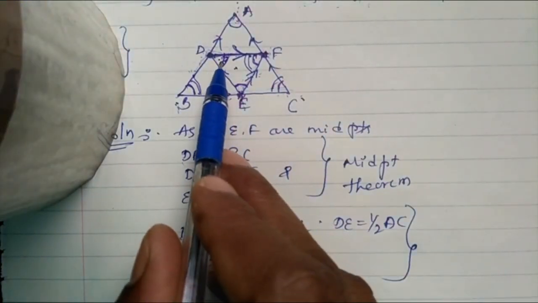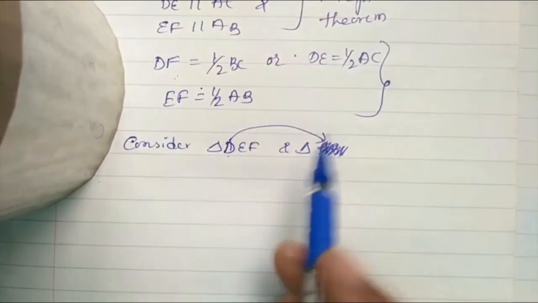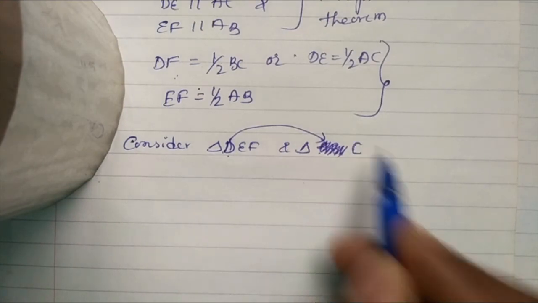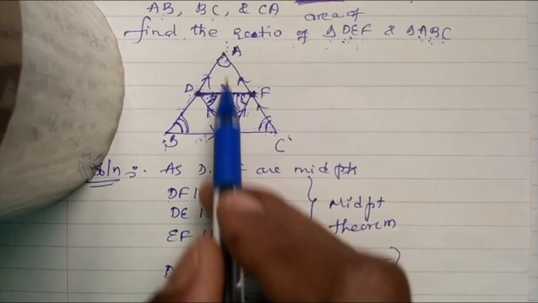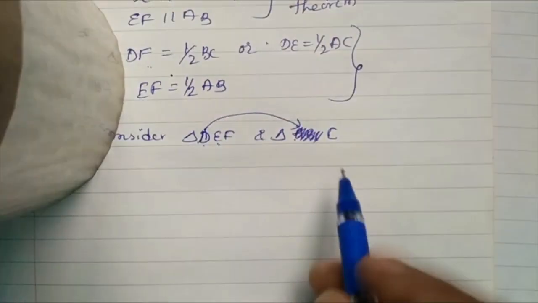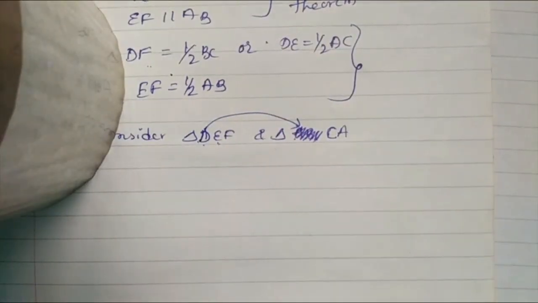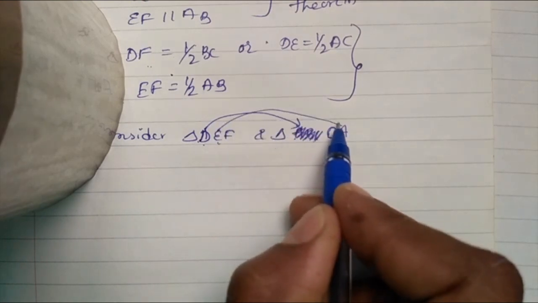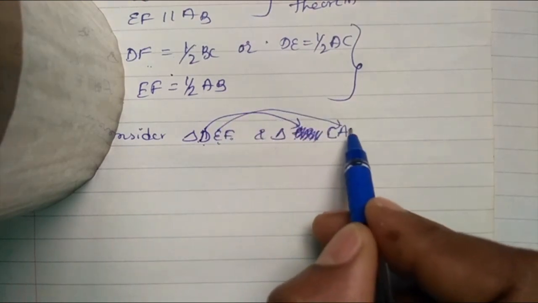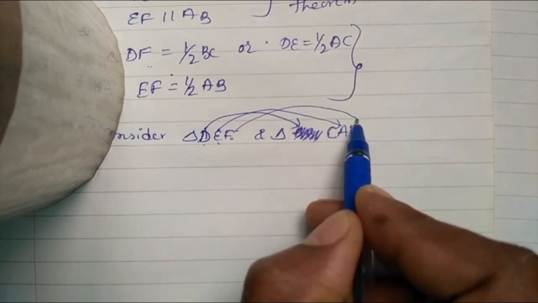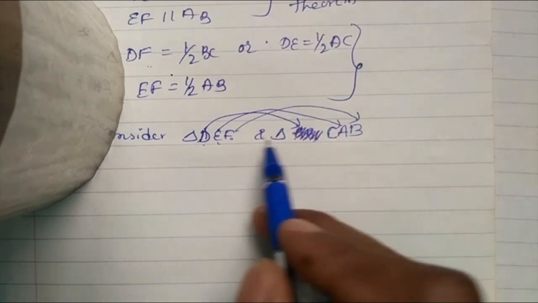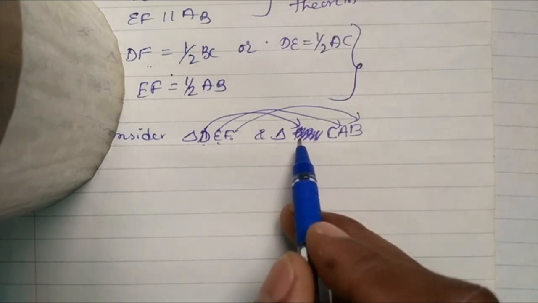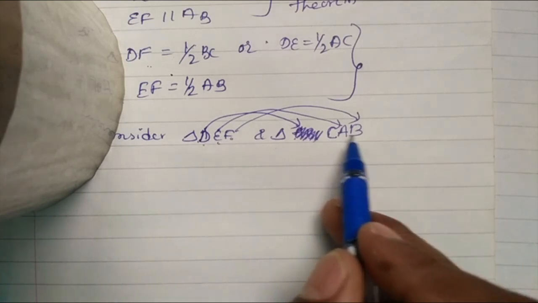But from the diagram, it is confirmed that angle D is equal to angle C. So in the angle D place, angle C should come. Angle E is equal to angle A, so the E place is filled by A. Then angle F is equal to angle B. It is not ABC, it is the wrong way of writing. For triangle DEF, it should not be ABC. CAB is correct.